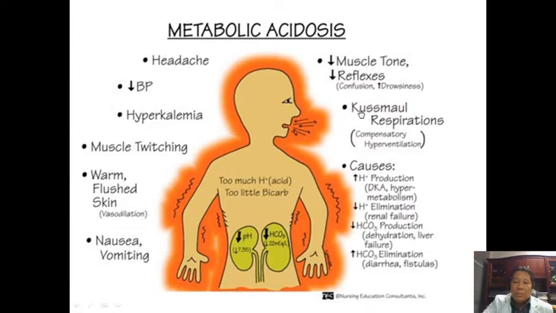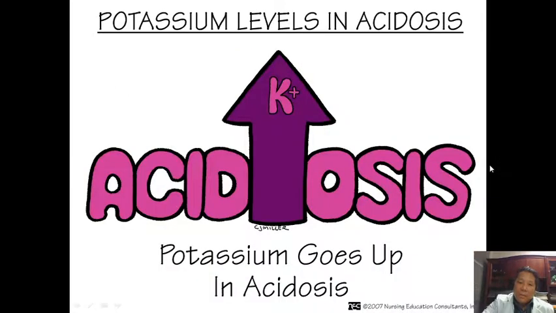Headache, decreased blood pressure, and again, hyperkalemia. Remember, any type of acidosis will kick potassium out of the cell. Muscle twitching, warm flushed skin, nausea, and vomiting.